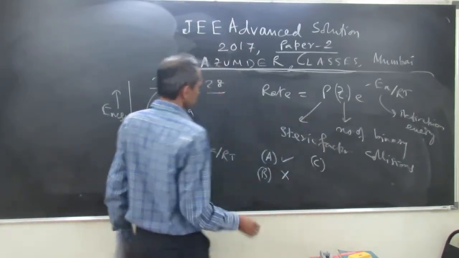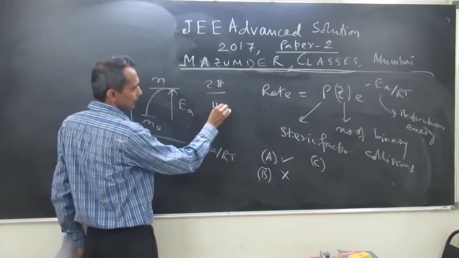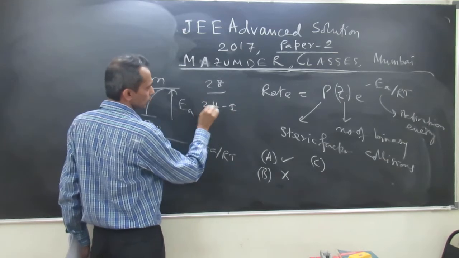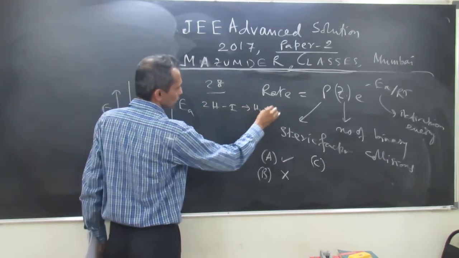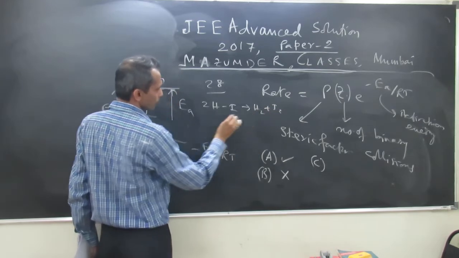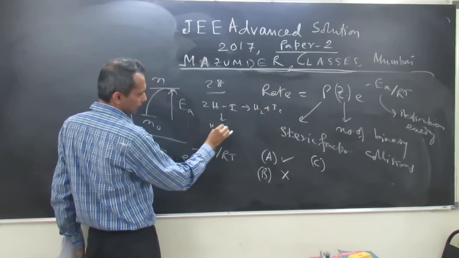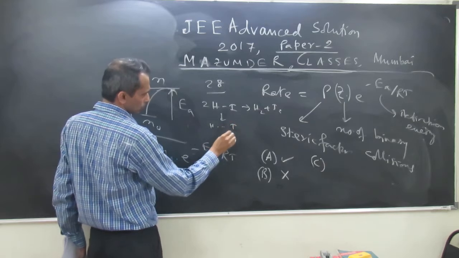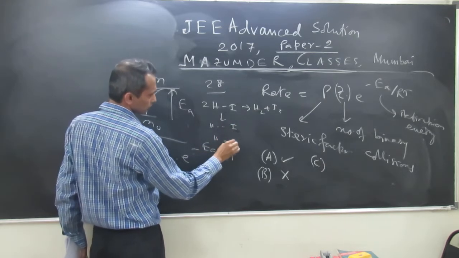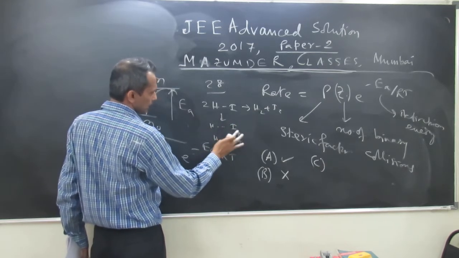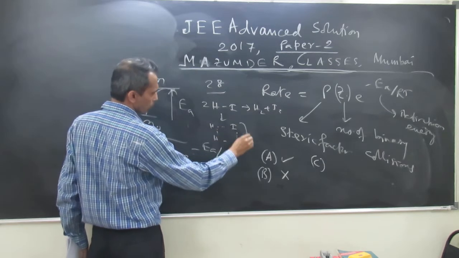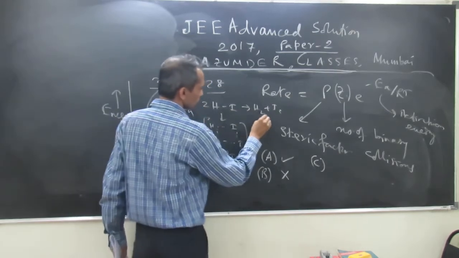For example, I want to tell you, let's say the HI molecule, 2 HI giving you H2 plus I2. Now how can it form? They can basically collide like this. HI molecules coming from this direction will make this kind of bonding, and then finally lead to H2 plus I2.